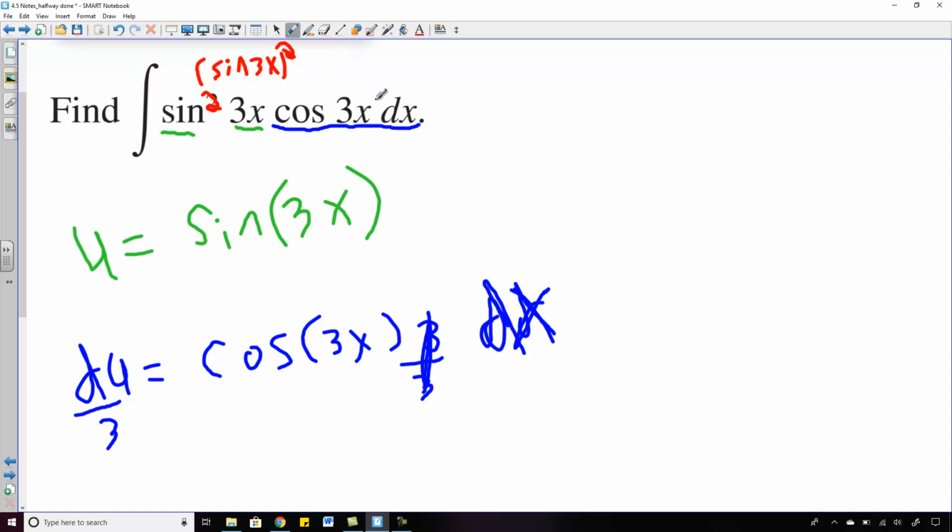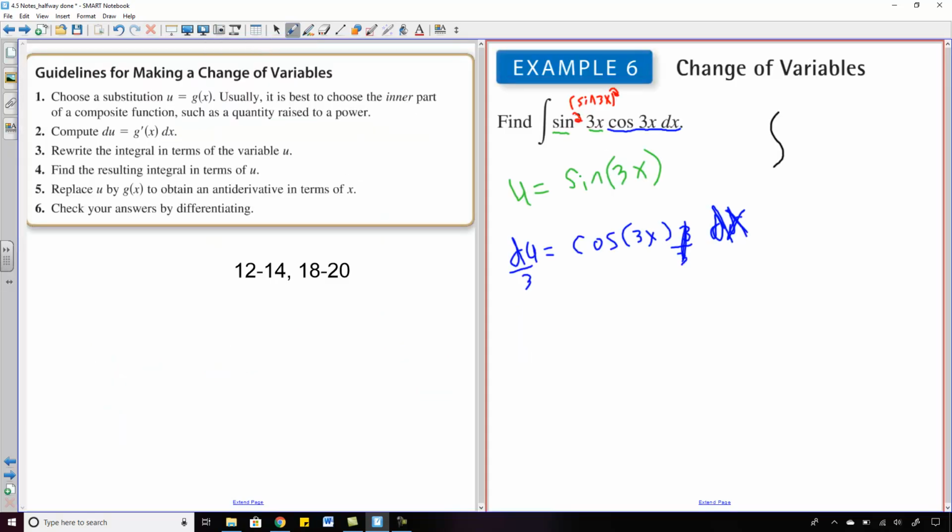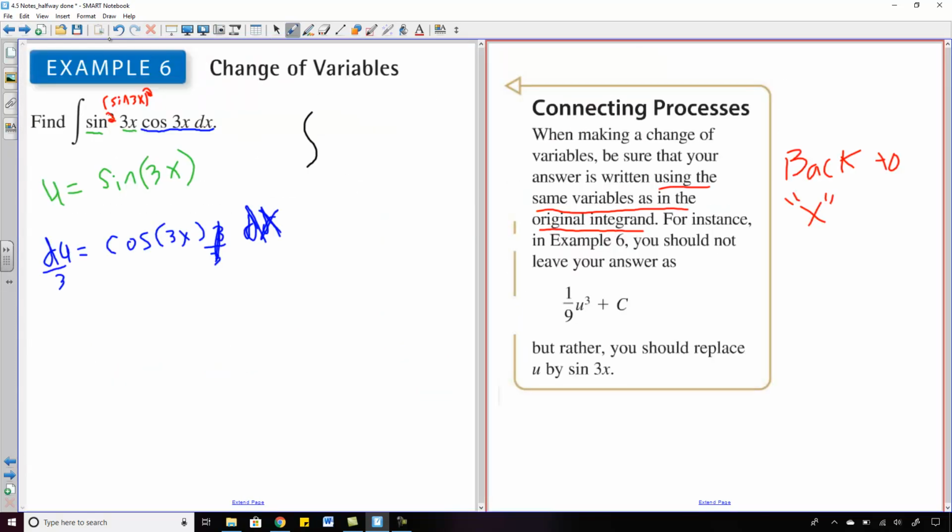Okay, sorry, that's sloppy. So now I'm going to rewrite my integrand, and hopefully you can even substitute and get the answer here. So it would be a good time for you to pause the video and just try this problem. And as a word of advice, you're looking for this answer in the end.